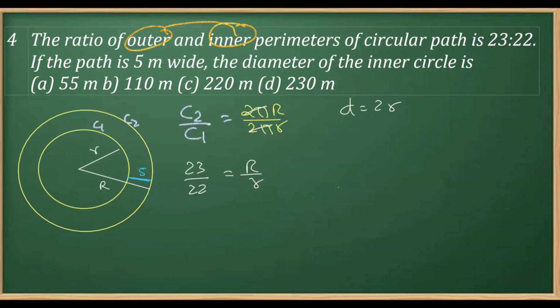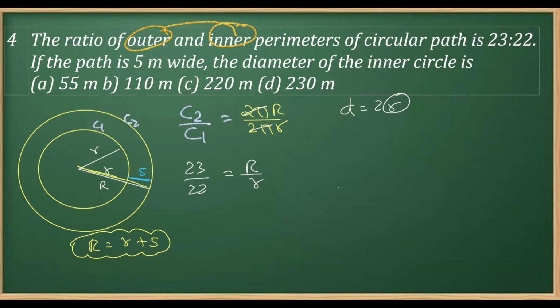Now what we have to get is the value of this small r. For that you can see that this is small r and this is given 5. So from here, this capital R, which is the outer radius, will be inner radius plus 5.